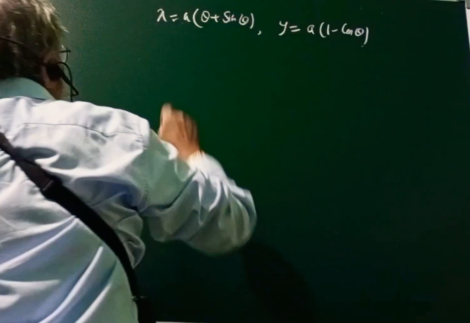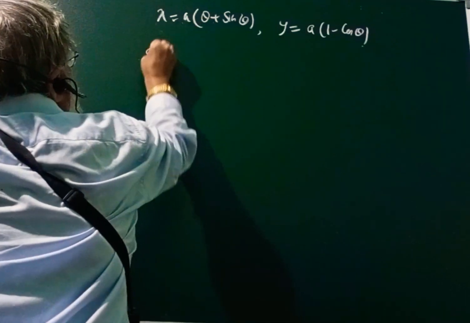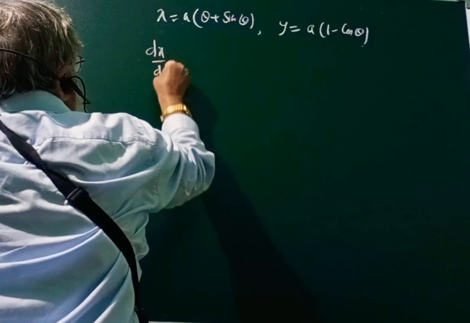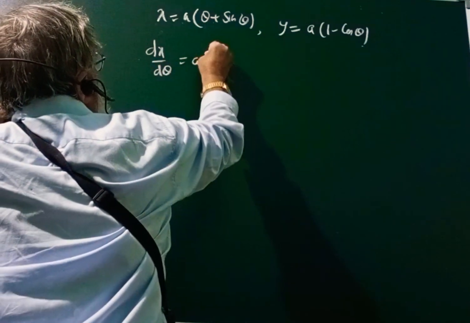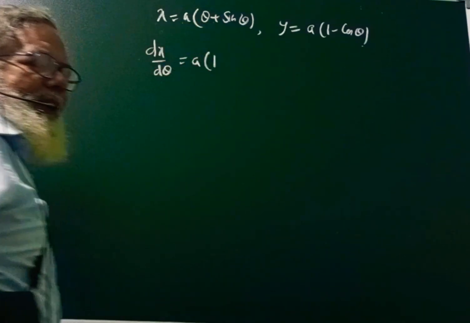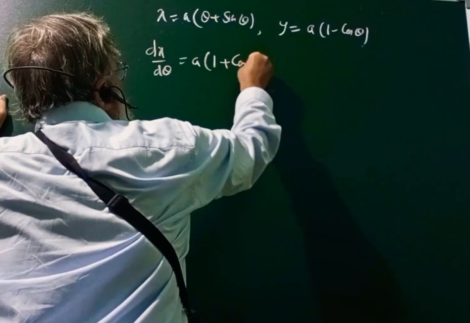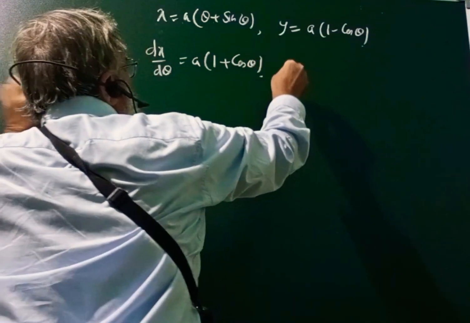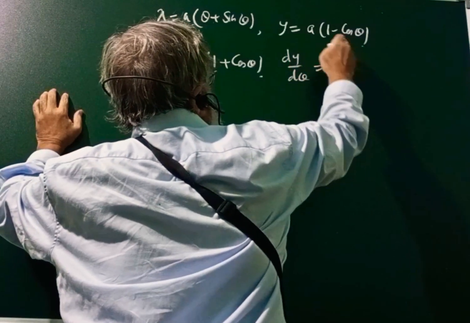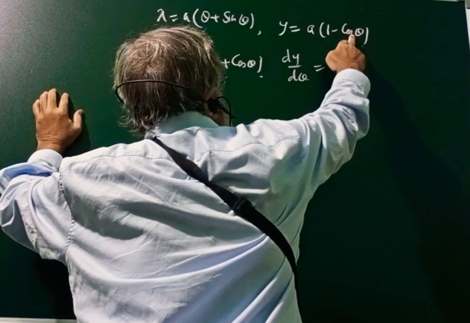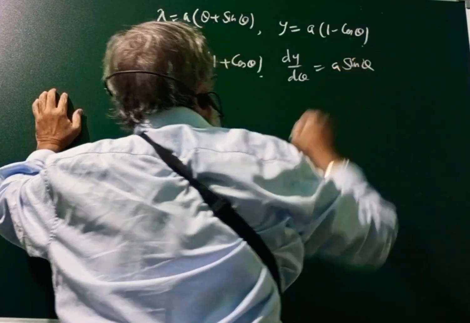So here, first let us differentiate, because it is a function of theta, we have to differentiate x with respect to theta. So a is there. Differentiation of theta with respect to theta is 1. And differentiation of sine theta is cos theta. And now differentiate y with respect to theta. A into differentiation of 1 is 0. Cos theta is minus. Minus into minus is plus sine theta.